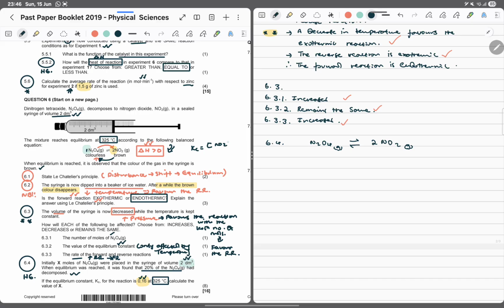So this is NO2 in this case, but remember the coefficient is 2, so this is even augmented by squaring, divided by the concentration of N2O4. This is to the exponent 1. Remember, if the numerator is bigger, even if it's 0,005, then divided by 0,002, the answer here is going to be greater than 1. Okay? So this idea here, when we have more products in an equilibrium state, it means Kc is greater than 1. But look at the Kc these guys are giving us. It's less than 1. That's ridiculous.